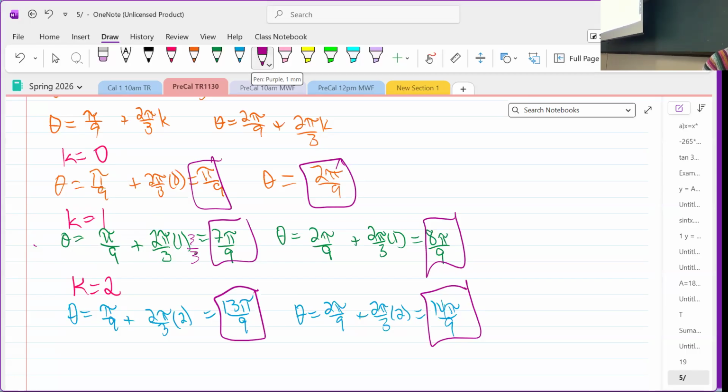So 7 pi over 9. But if you don't like doing the fraction math in your head, just ignore the pi's, know that you're going to have a pi in your answer. And so then this would be 1/9 plus 2/3, and you can type that on the calculator, tell the calculator to spit out a fraction, and it'll spit out the 7/9 for you.